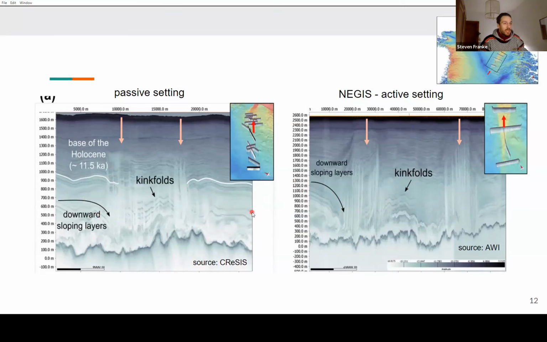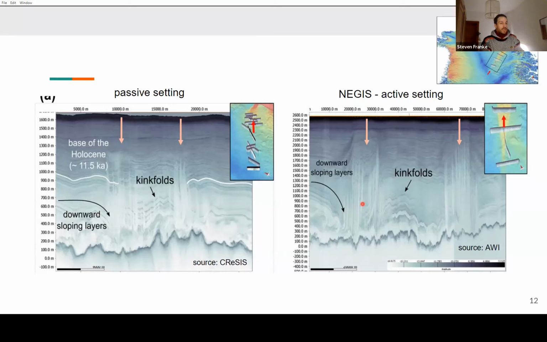So what we take from this are basically 2 things. We are very sure that these deformation patterns in the active ice stream region are strongly linked to the activity of the ice stream.